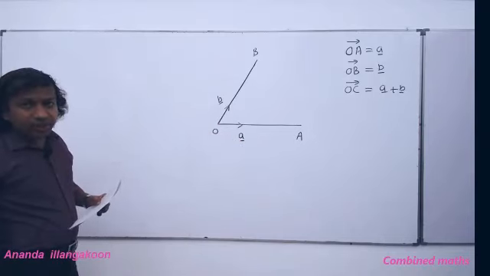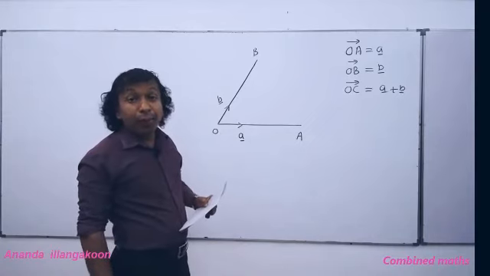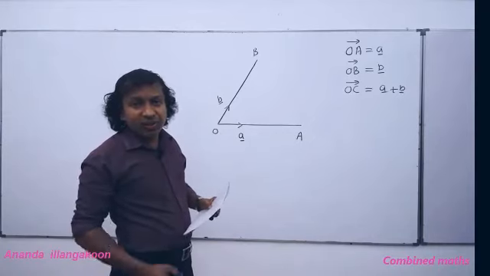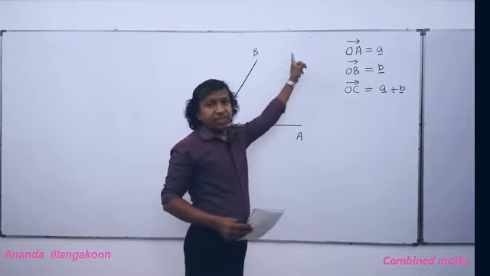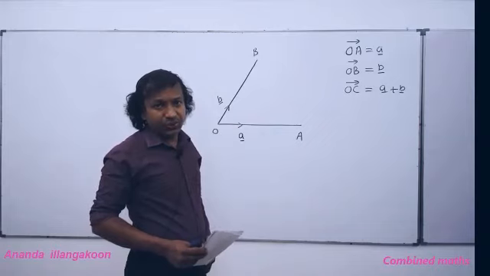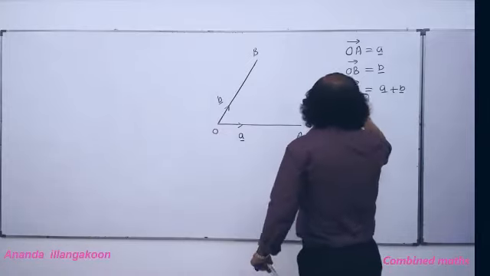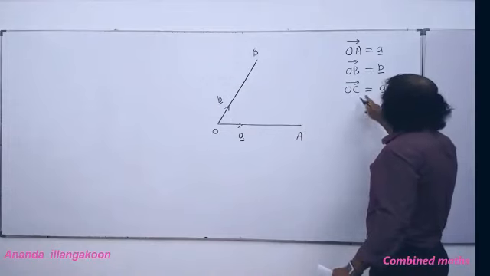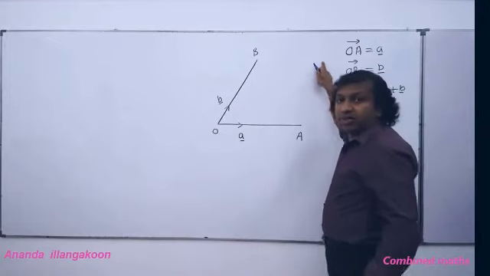Point C is such that OC vector is equal to vector a plus vector b. People, where should the point C be then? Point C should be such that OACB is a parallelogram. Then only will OC be a plus b vector. Understood? If you don't understand this, people, after that you can't work out this question. So therefore, since the point C is such that OC vector is a plus b, the point C should be the next vertex of this parallelogram OACB.